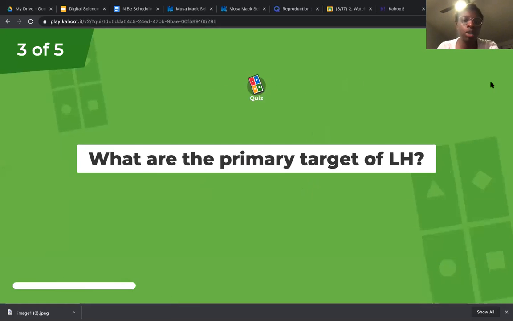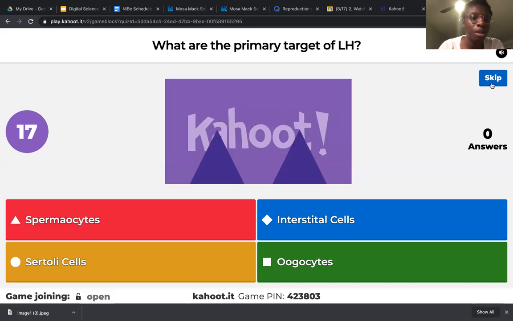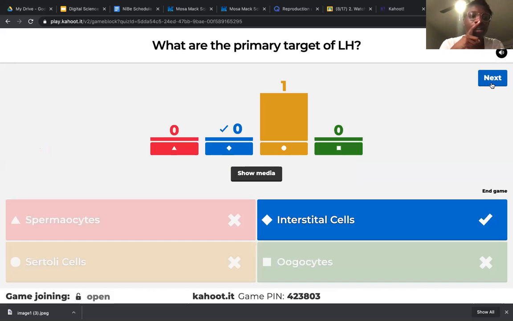Okay, so next question. What is the primary target of LH? It's hard. Sertoli cells. Oh, it's actually interstitial cells. See, I got that wrong. Wow.